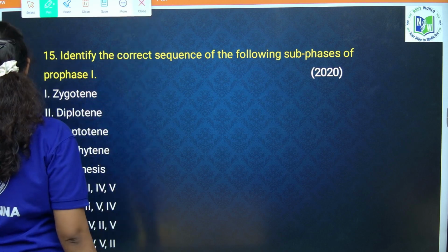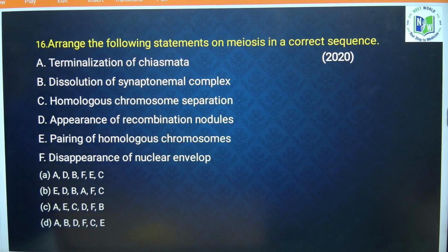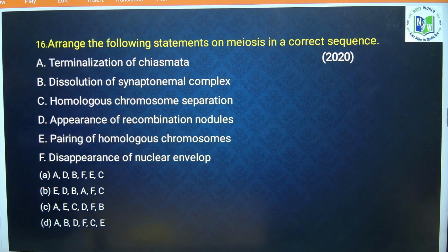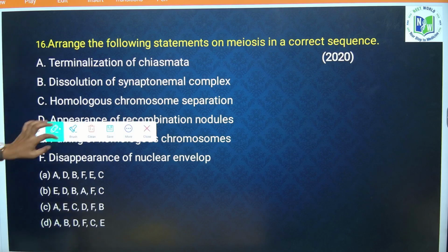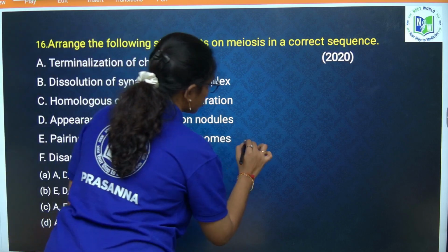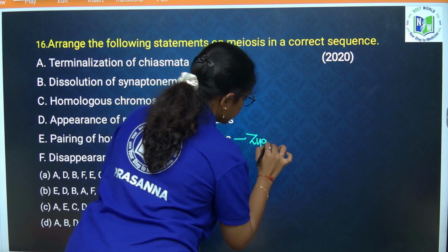Next question. Arrange the following statements on meiosis in a correct sequence. Firstly, pairing of homologous chromosomes. This happens during zygotene.